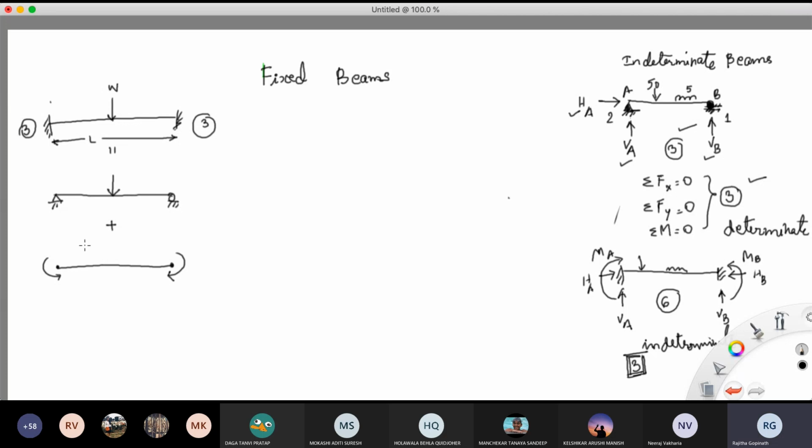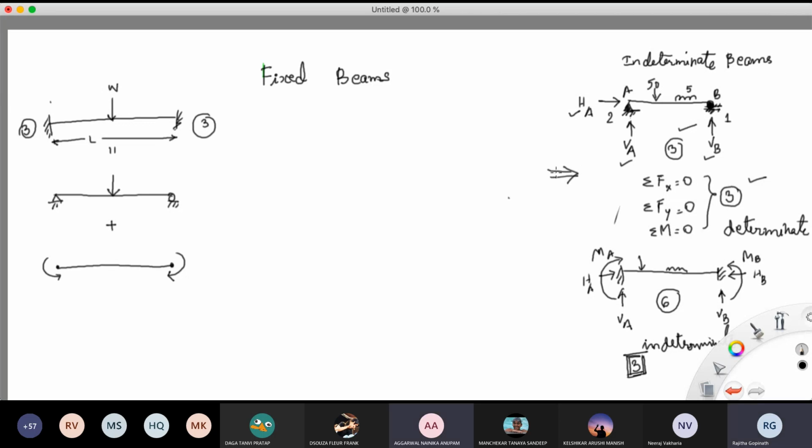So did everybody understand what we are doing here? Can you please repeat the last part again? Yes, did you understand that the attempt is to make this beam into a determinate form, so that we can analyze it in this way.